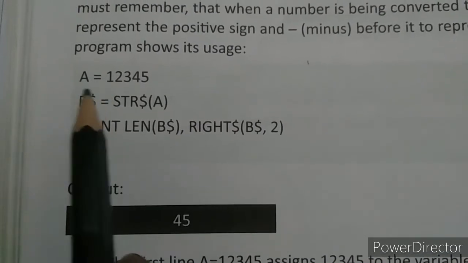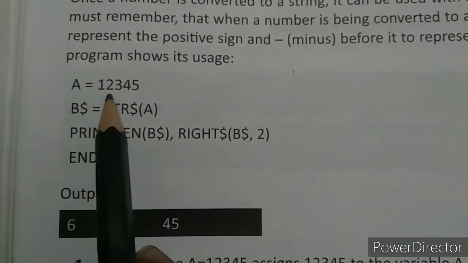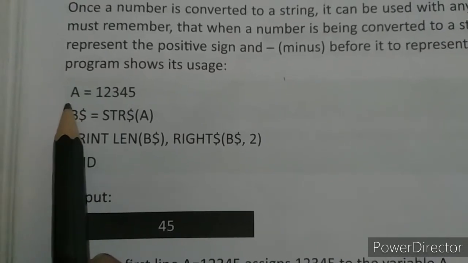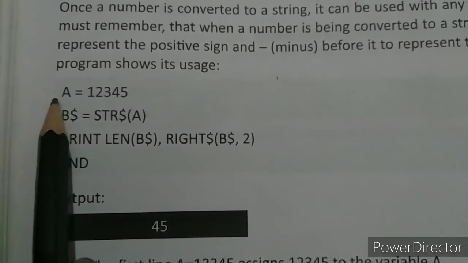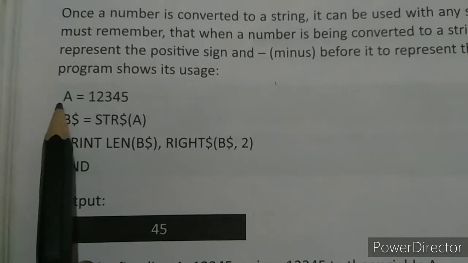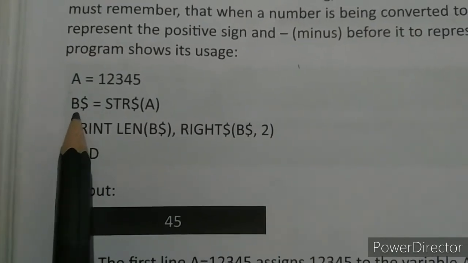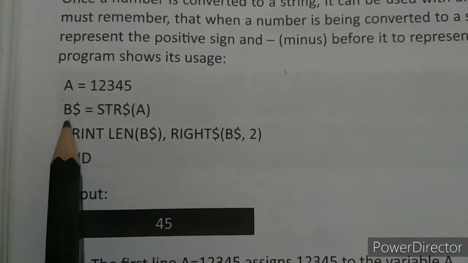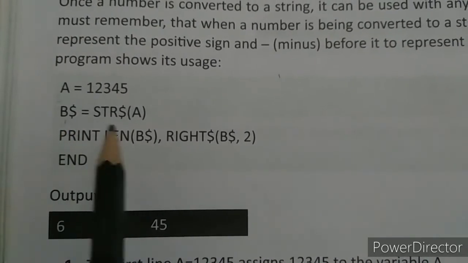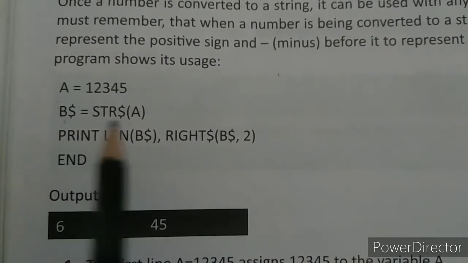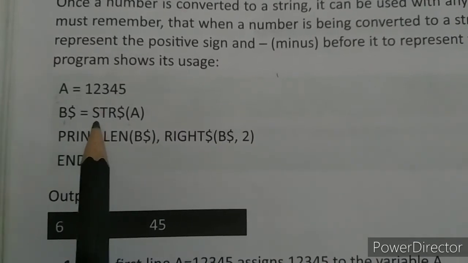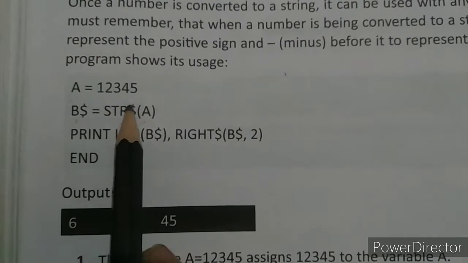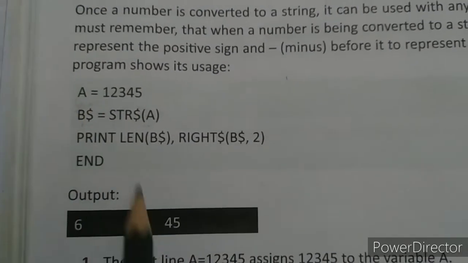This is the example. Suppose there is a number 12345 which is stored in a variable A. Now we want to convert it into a string. We will use the STR$ function, STR$(A), and this will convert it into a string, which we store in B$.